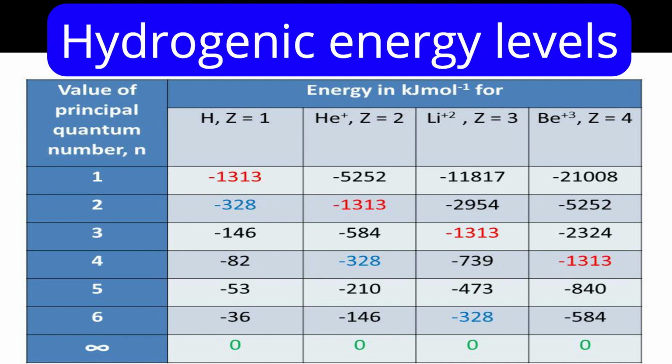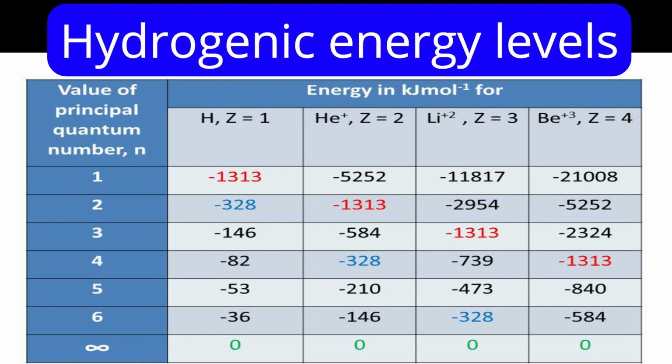That we will find out. In case of hydrogen, the first shell has that energy. In case of helium plus, the second shell has the energy. In case of lithium plus 2, the third shell has that energy. In case of beryllium plus 3, the fourth shell has that much energy.